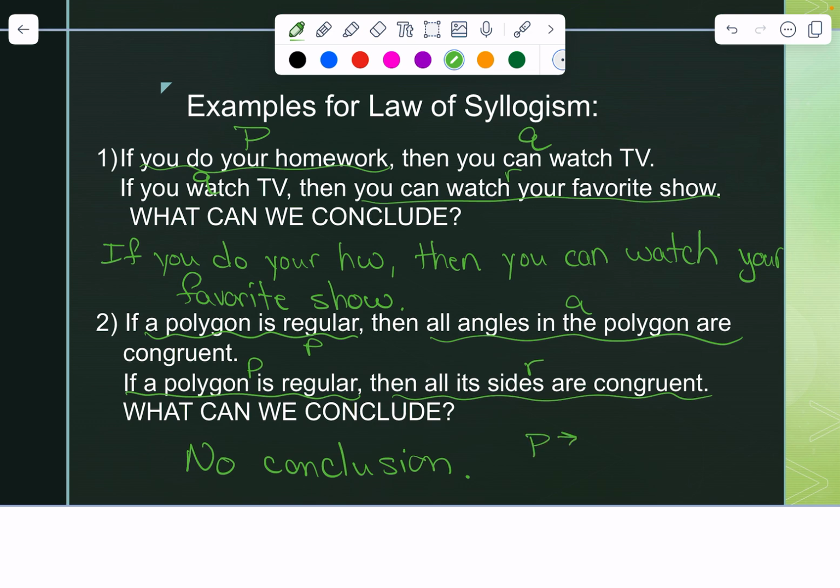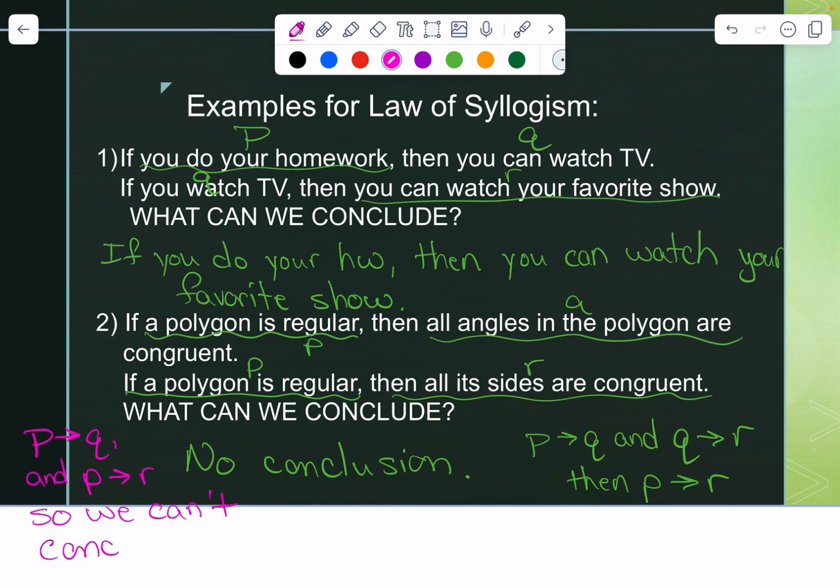Remember, we have to go P to Q and Q to R, and then that gives us P to R. On this problem, it's saying P to Q and P to R, so we cannot conclude Q to R. That is a no. So using the law of syllogism, it has to map out correctly: P to Q, Q to R, then we know P to R. And that is our inductive and deductive reasoning.